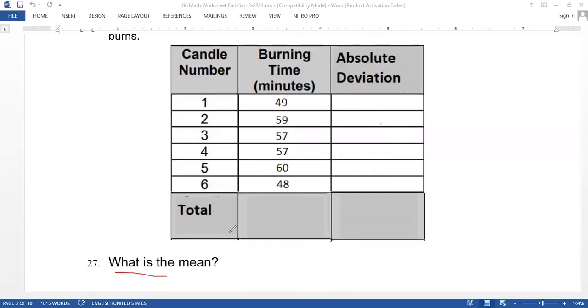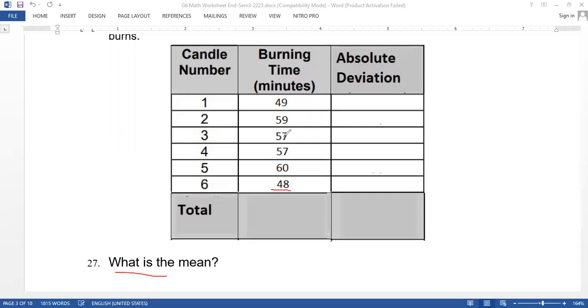You need to add them all and divide by 6. This candle number, we don't care about this. So now let me add them. If you want to find the mean, you need to add them all and divide by 1, 2, 3, 4, 5, 6. Now 9 plus 9, 18.